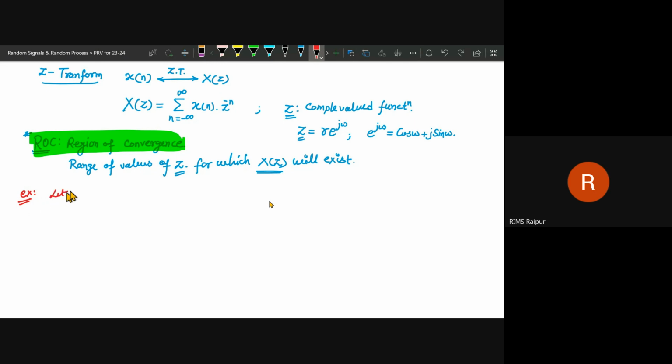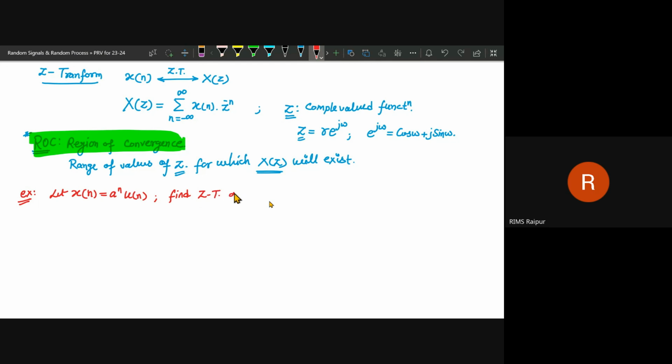Let x of n be equal to a raised to power n times u of n. So this is the sequence and you have to find its Z transform.